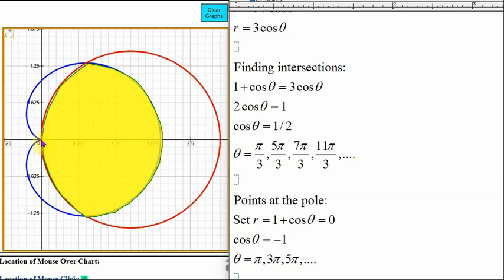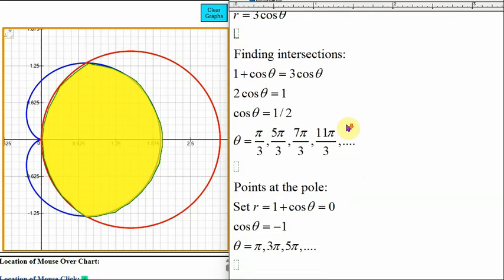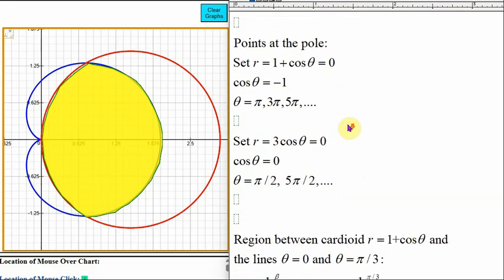We also need the theta values at the pole, so we can set each equation equal to 0 and then solve for theta. Set 1 plus cosine of theta equal to 0, so we get cosine of theta equal to -1. We know that cosine of pi is -1, cosine of 3 pi is -1, and so on.